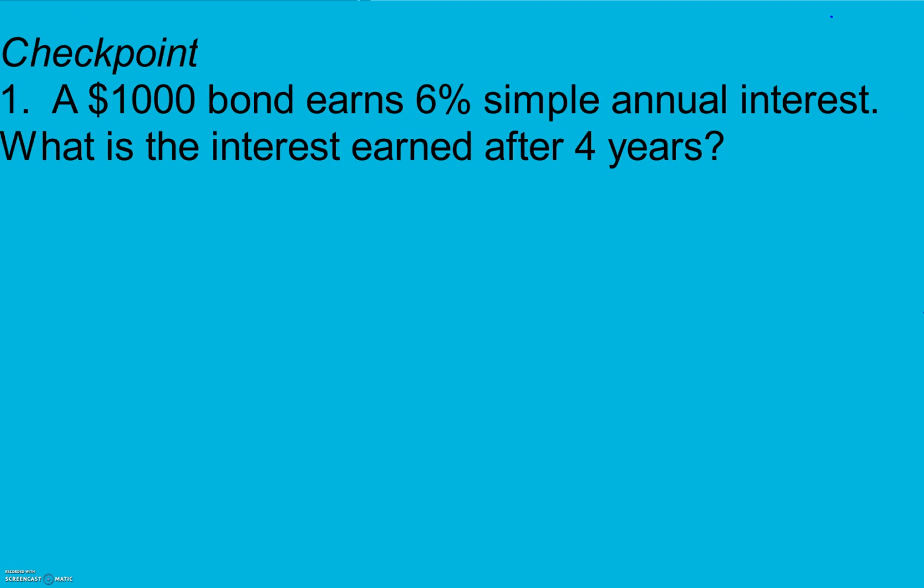Feel free to pause here and give this a try if you'd like. A $1,000 bond earns 6% simple annual interest. What is the interest earned after 4 years? Again, we're talking about simple interest and we're looking for interest, so the formula we're going to use is interest equals principal times rate times time. $1,000 is what we started with. That's our principal.